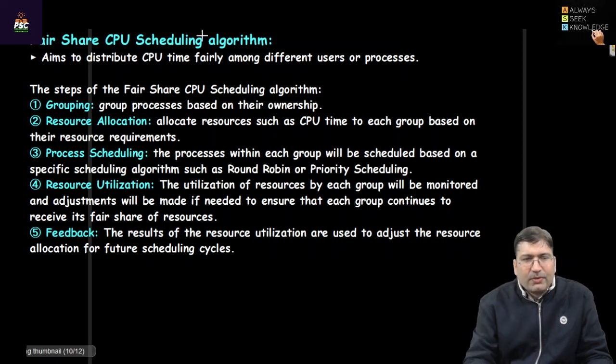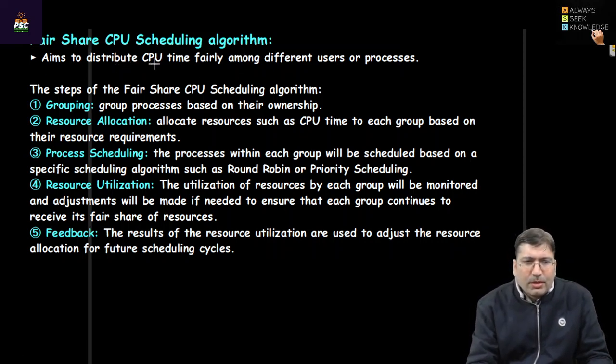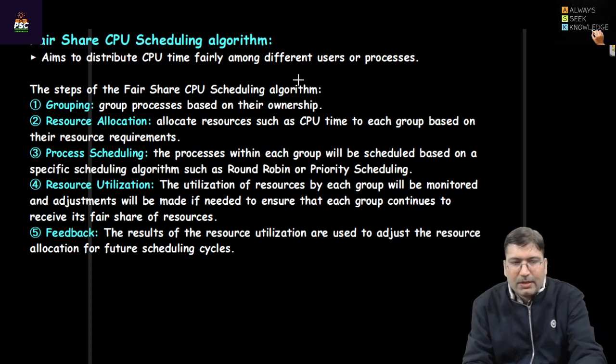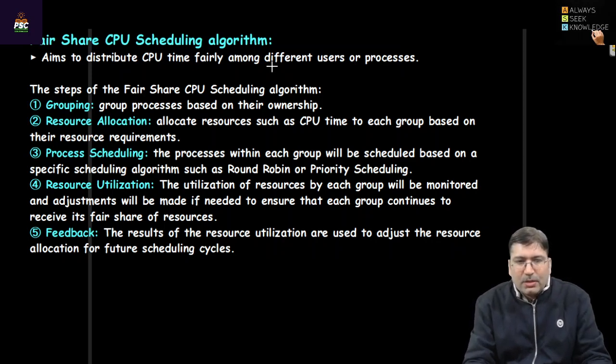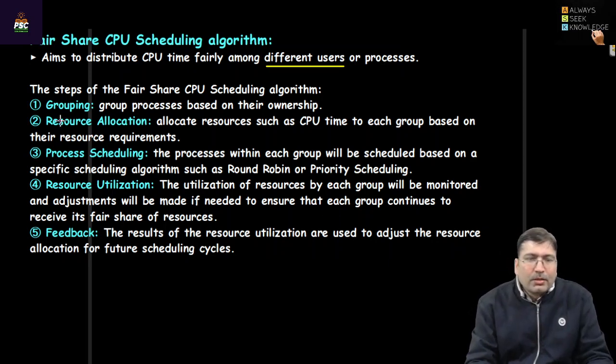Now the next is the fair share scheduling algorithm. As I told you, it aims to distribute CPU time fairly among different users or processes. So in a system where there are multiple users, this fair share scheduling algorithm will be helpful. The very first step in fair share scheduling is grouping.